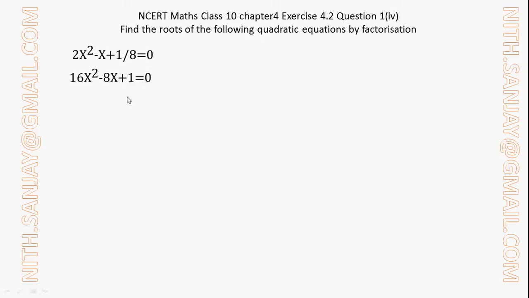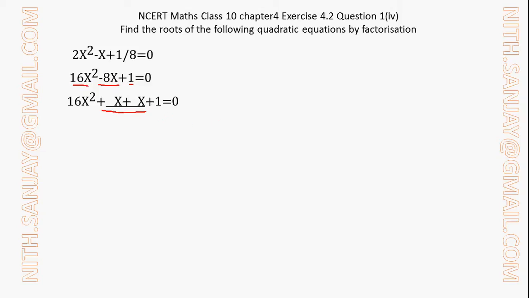So in this equation, when we want to solve the quadratic equation by factorization, what we generally do is we split this middle term into two terms, right, so that their addition should be minus 8x, but when we multiply, the multiplication of those two terms should be equal to the multiplication of the first and last term.